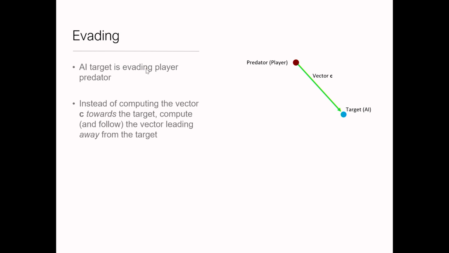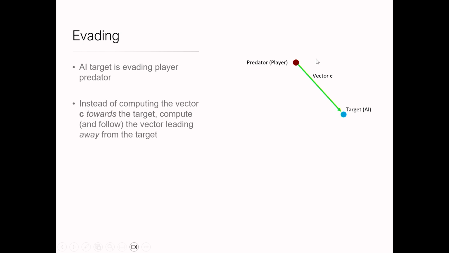Okay, evading is much simpler than chasing. If that's your predator and that's your prey, in this case this is the player, and that is an object under control of the computer, so it has some sort of AI in it. If this thing is the prey, then it's pretty easy to figure out how to move away from the predator.